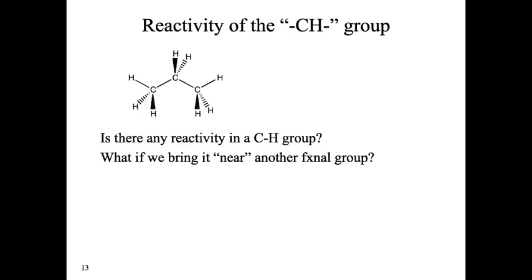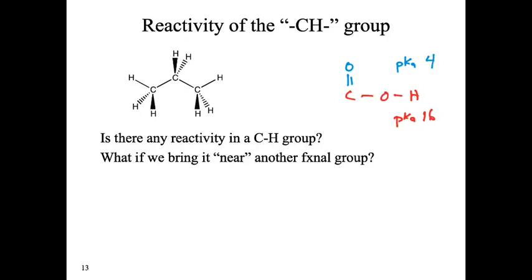Okay? This does sound a little bit weird, but if we look at the OH from an alcohol, that pKa is roughly what? 16. If I bring the OH of an alcohol near a carbonyl, the pKa of that OH becomes 4.